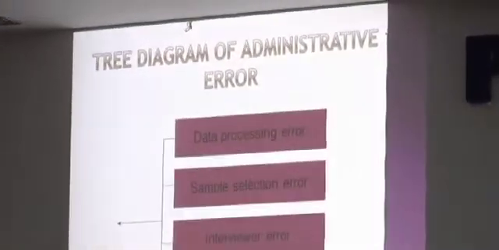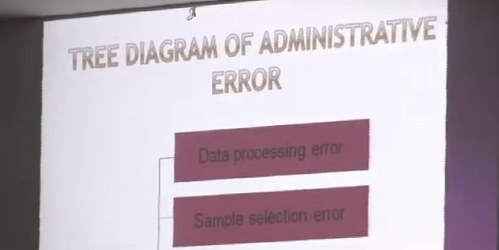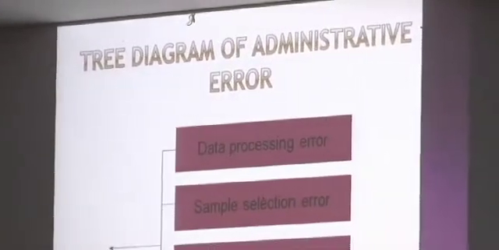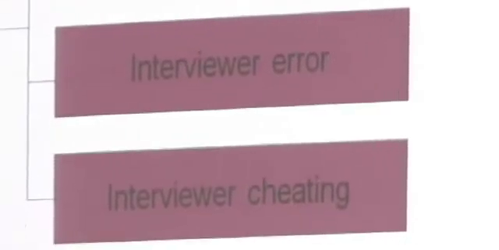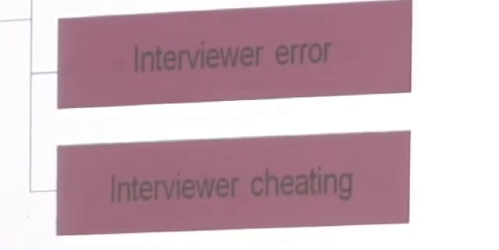Sample selection errors arise if you're not using a probability sampling technique. See, in the majority of researches, it is not possible to use probability sampling techniques, because for using them you need the complete list of the population, and generally it is not available. And because it is not available, you are forced to use non-probability sampling techniques.